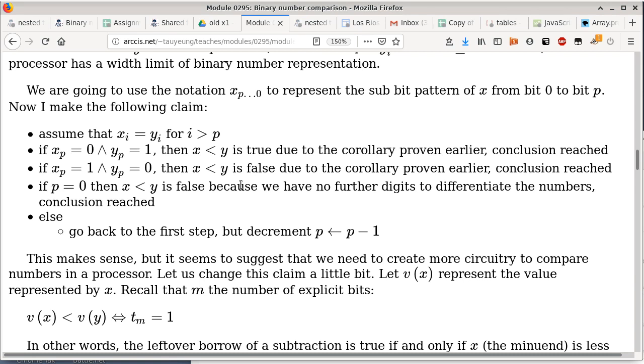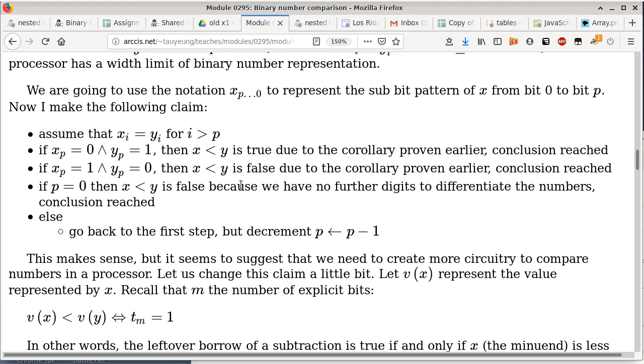The question is, what can we use to indicate whether x is less than y, unsigned? This is a very informal proof. If i is greater than some p, we assume that xi and yi are the same.